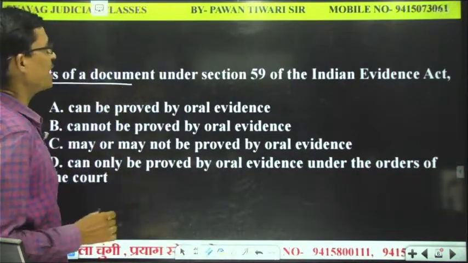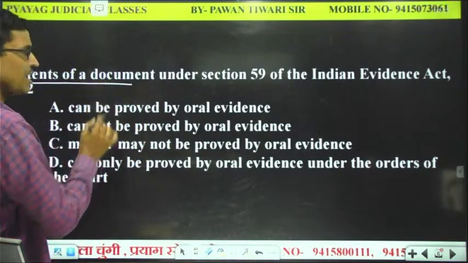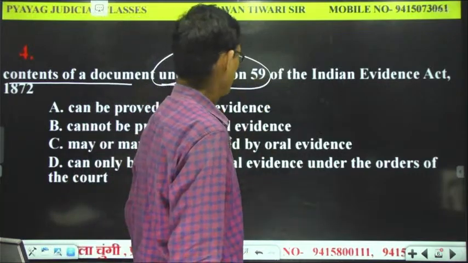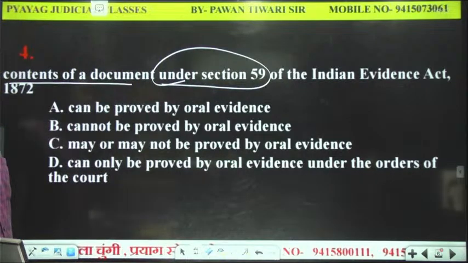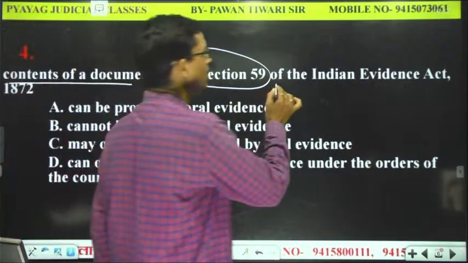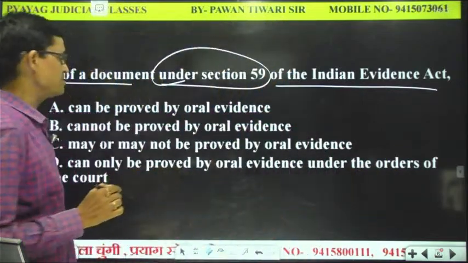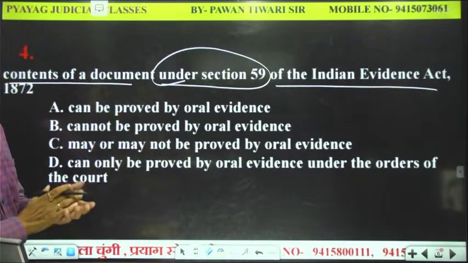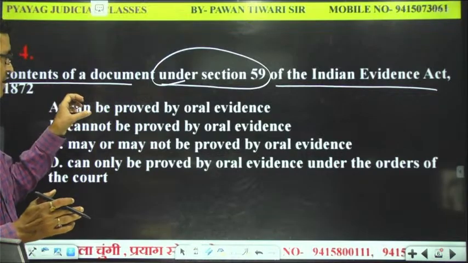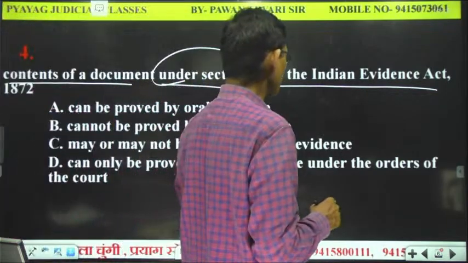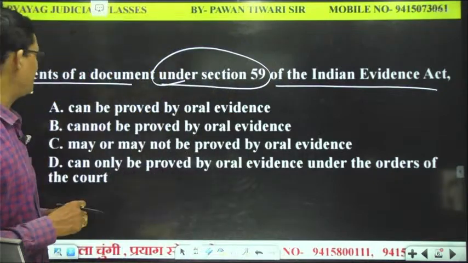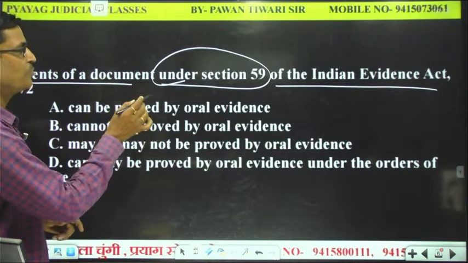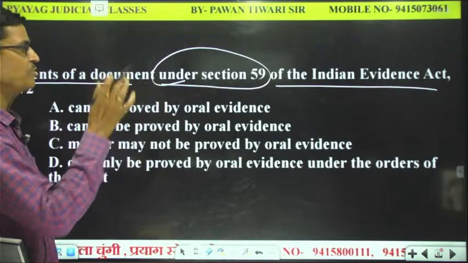Contents of a document under section 59 of the Indian Evidence Act 1872 can be proved by oral evidence, or cannot be proved by oral evidence.